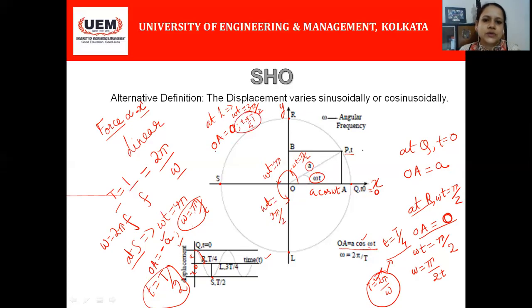So at L, the displacement is 0 and the time required to reach L from Q is 3/4 the time period.